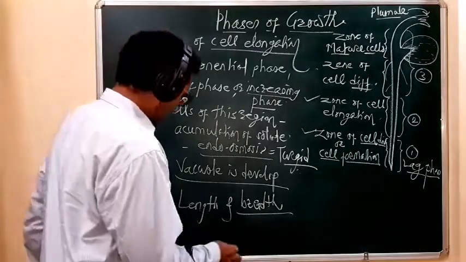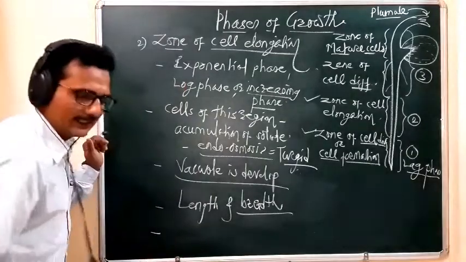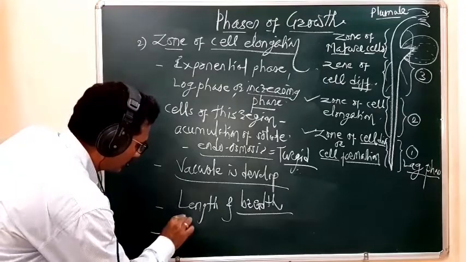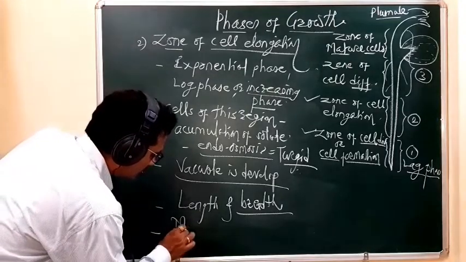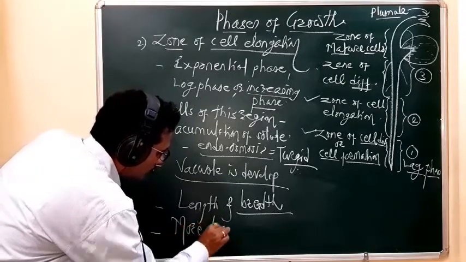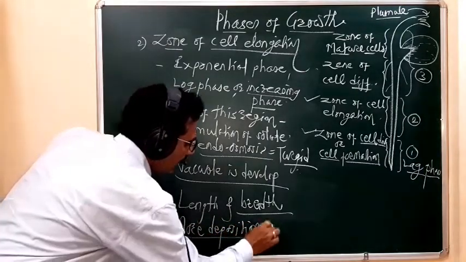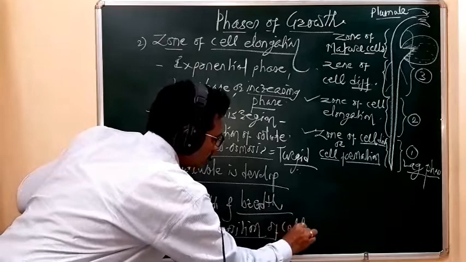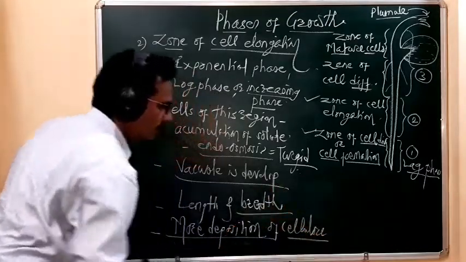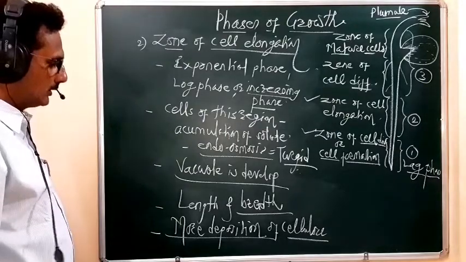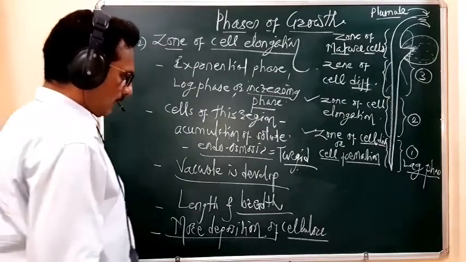In this phase, the cell shows more deposition of cellulose. But how is the cellulose deposited more?